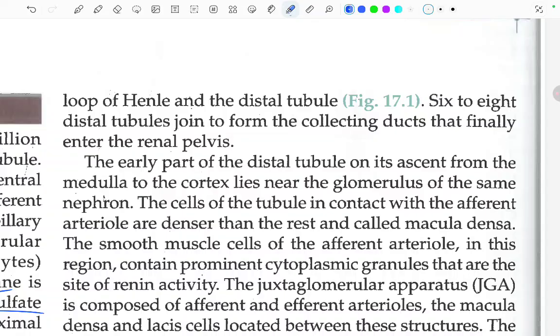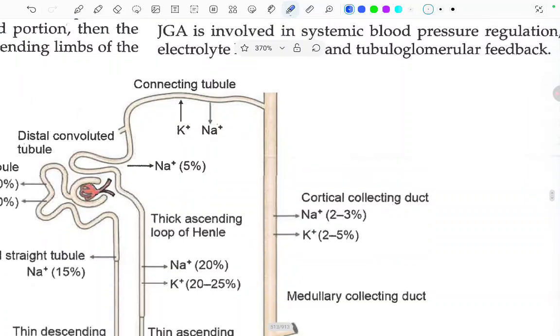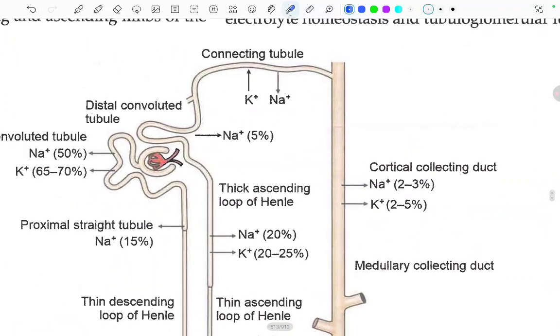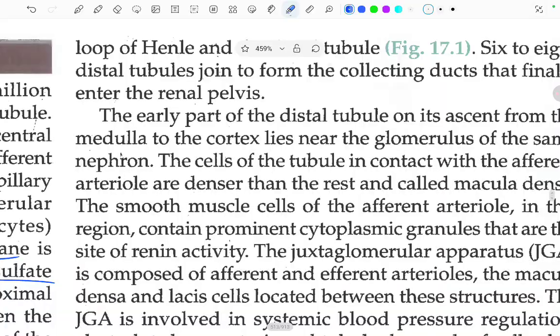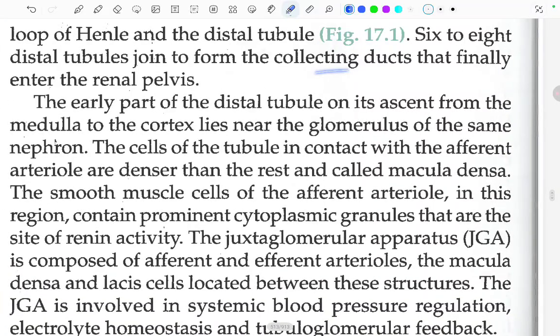This all anatomy we are very well aware of, right? This is the distal tubule, and these 6 to 8 join to form this collecting duct, and that collecting duct finally enters the renal pelvis.